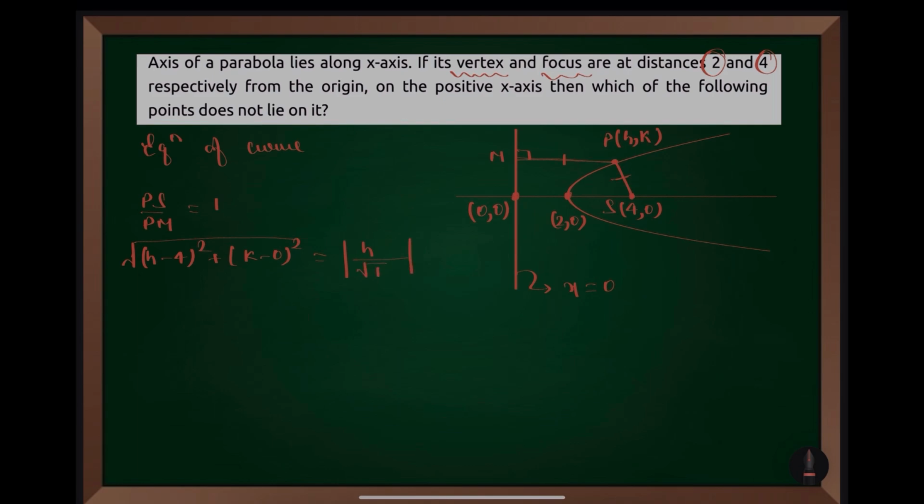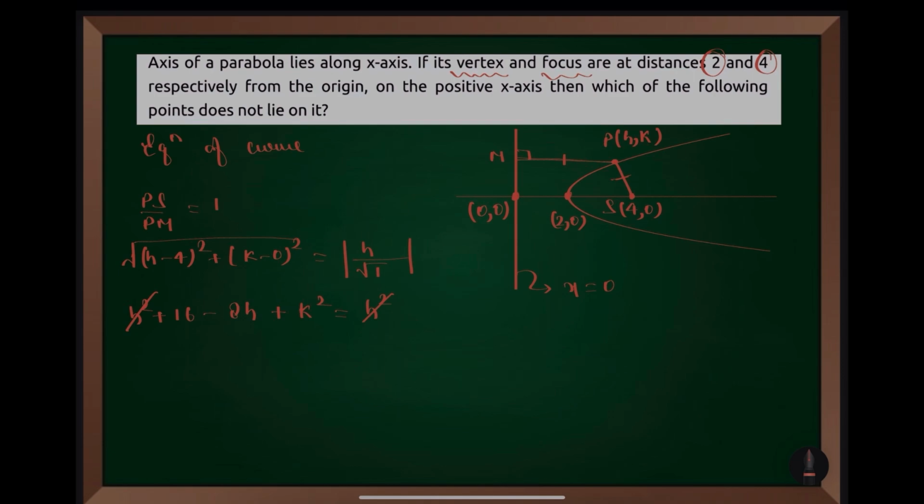Okay, so do you know any method by which you can get rid of this square root as well as mod? Yes, squaring both sides. So it is h² (a² + b²) minus 2ab. Okay, and then k² is equal to h². So this thing gone. So write down this thing in standard form.